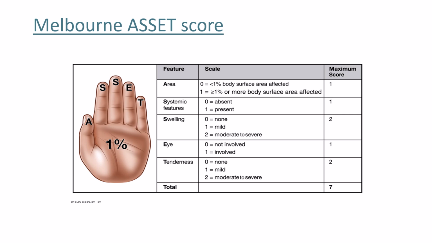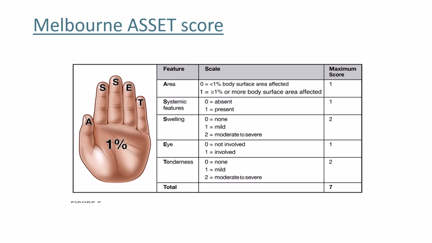Not present, 0. If there is soiling, mild, 1. Moderate or severe, we give 2. If there is no soiling, 0. If eye involvement is present, then the score is 1. If it is not involved, 0. Tenderness: none, 0; mild, 1; moderate or severe, 2. So the overall ASSET score is 7.